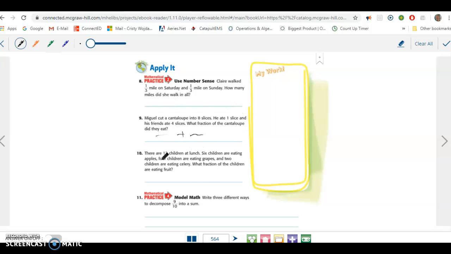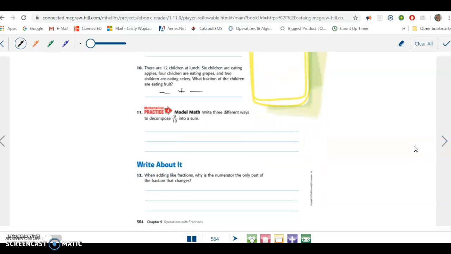This one is a little bit more tricky because they've given you extra information, and the question helps you eliminate which piece is the extra information that you don't need to solve it. But it's still similar: you're going to have two fractions, and you're going to find the sum of those. And the whole number, or the whole unit, will be the denominator. And then the parts of the unit will be the numerator to solve those.